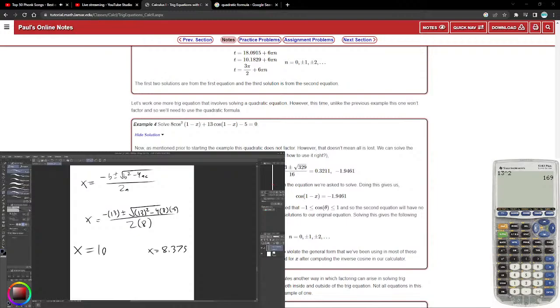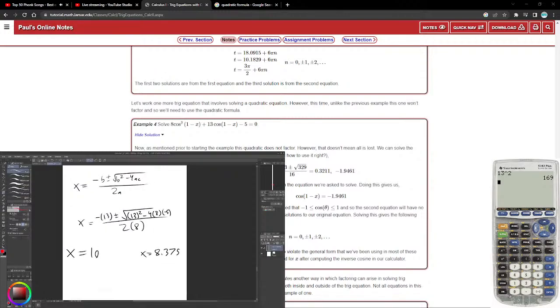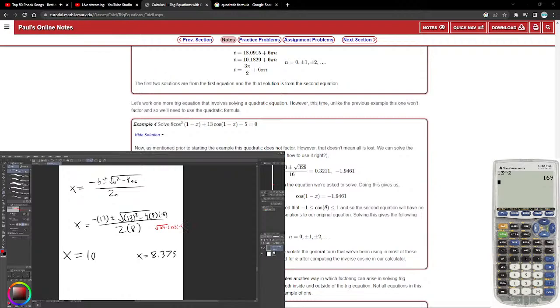Okay, so 169 minus 4 times 8, so 32, times negative 5, negative 160.